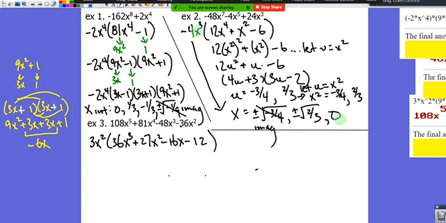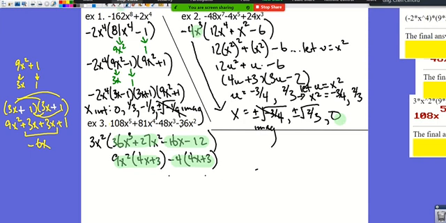Now this is going to be factored by grouping. I'm going to go 9x squared. I'm going to GCF the first two terms inside the parentheses. I get 4x plus 3. I'm going to GCF a minus 4. I'm going to get a 4x plus 3. So long story short, this became that, and this became that through a double GCF.